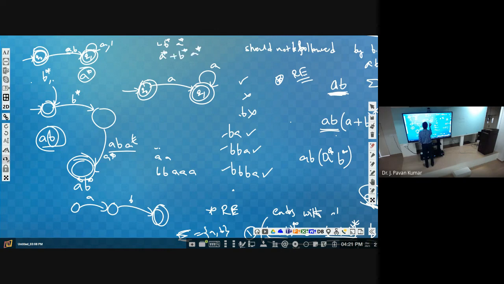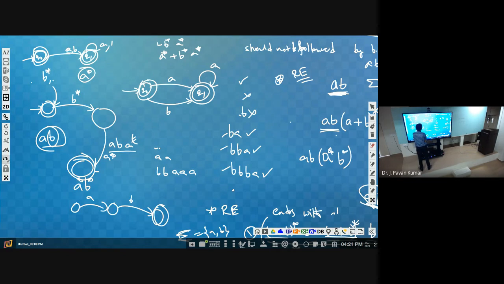Next, our requirement is A star or B star followed by A star. So let us consider B star, in the sense where we can have it. Can we have a transition from here to here? B. Q0 on B is Q1.